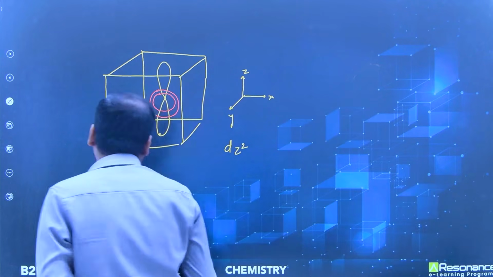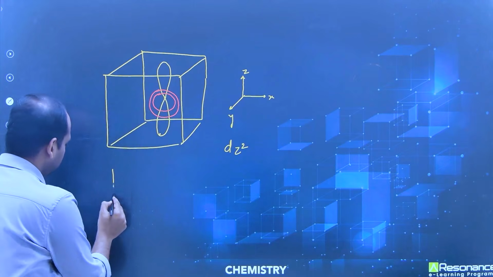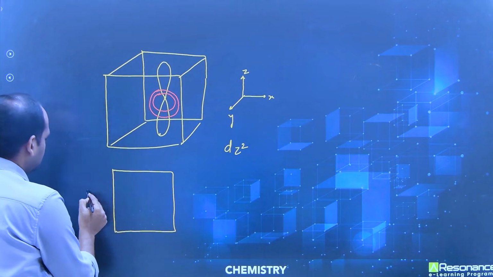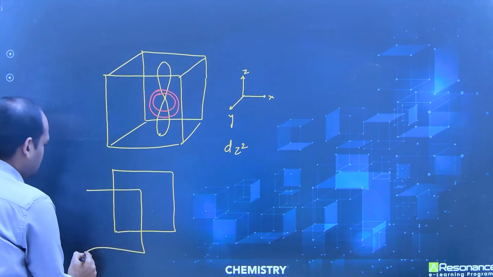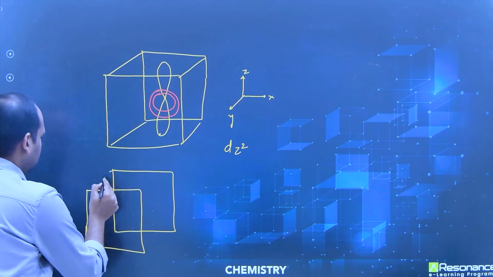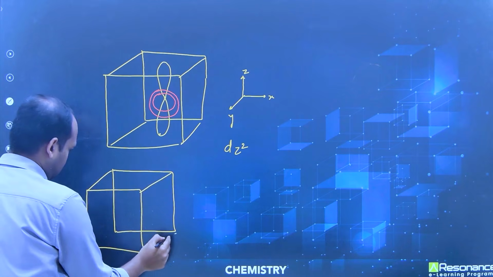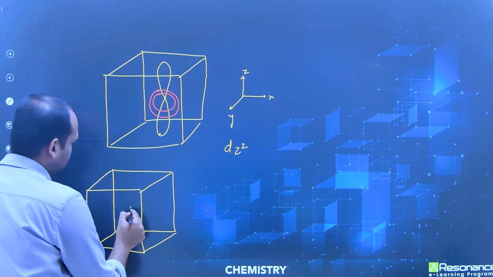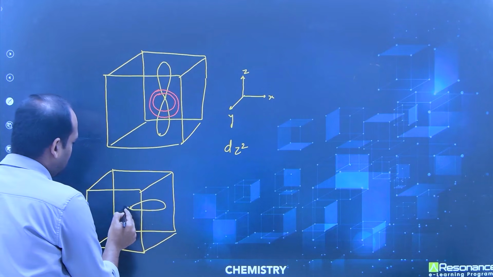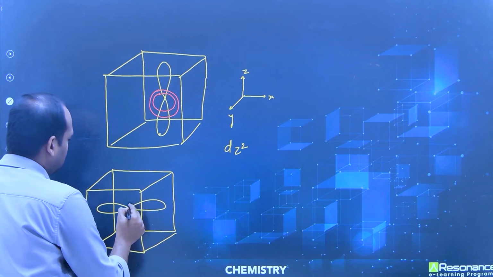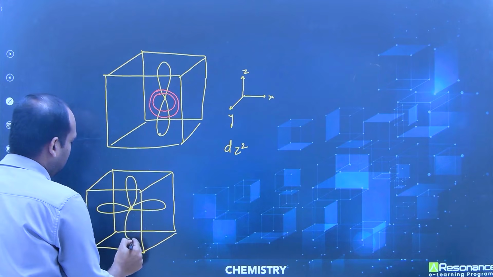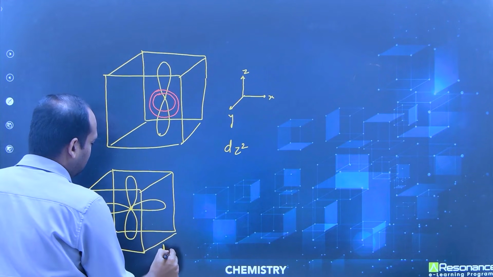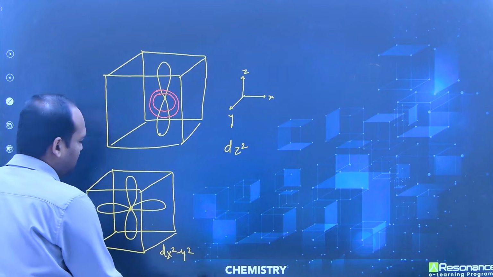So I'm taking another cube, beta. One, two, three, four. Okay, this is dx square minus y square.